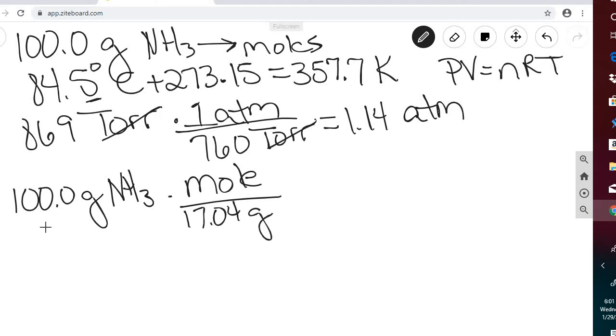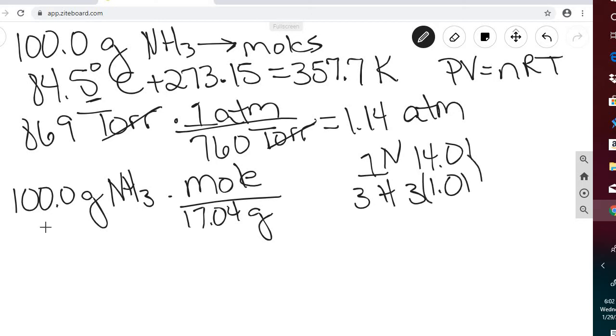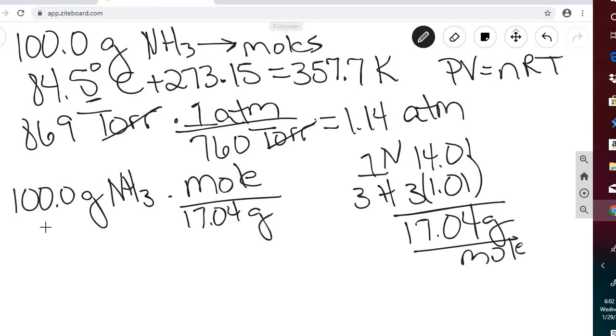How did I get that? So there's 1 nitrogen in NH3 and there's 3 hydrogens. So the nitrogen is 14.01 and then you're going to have 3 hydrogens, which is each going to be 1.01. So that comes out to 17.04 grams per mole.